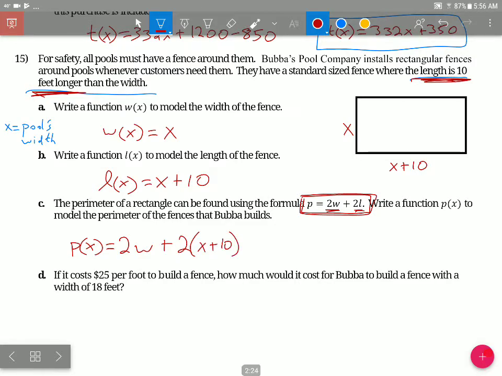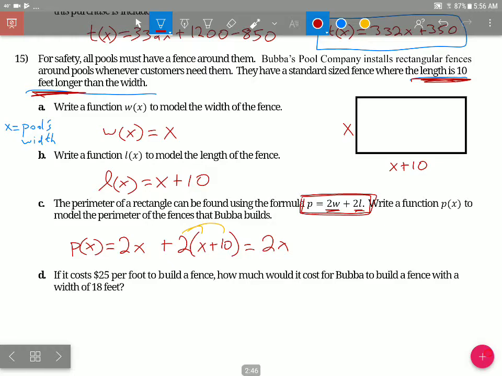Okay. So we just need to multiply things out and then combine our terms. So we'll start off. You got the 2W. No, that's not a W. Why did I put a W there? That should be an x. My bad. Alright, so we got 2x on the left. And then we'll distribute the 2 over x and 10.